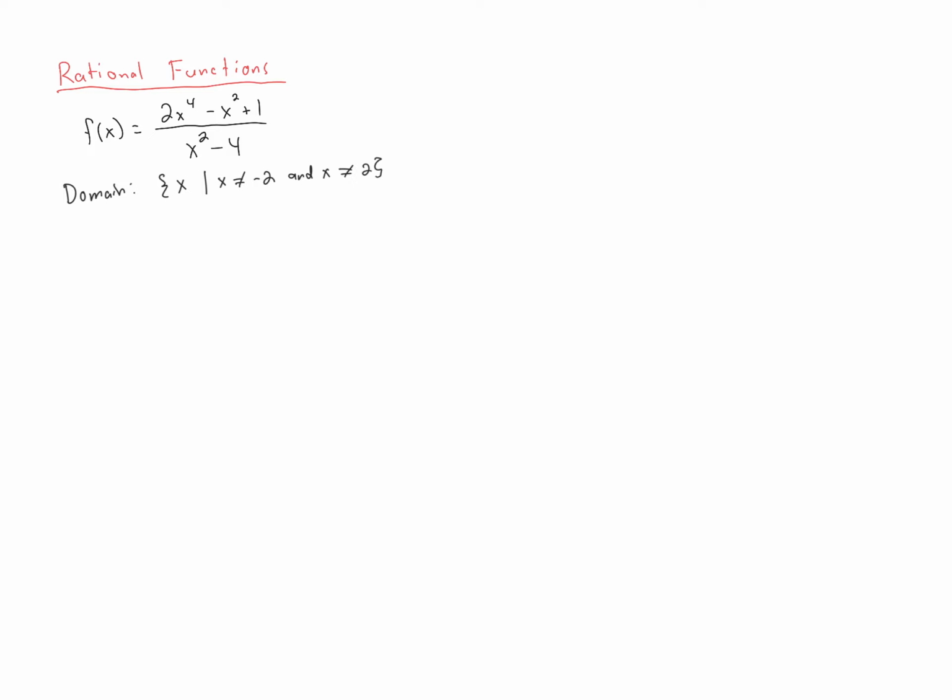And this changes the graph. It makes it different from what we would expect with a polynomial. Let me give you a quick sketch of this one. Now, at positive 2 and negative 2, those are not a part of the domain. In most cases, when a number is not in the domain of a rational function, we end up with vertical asymptotes.